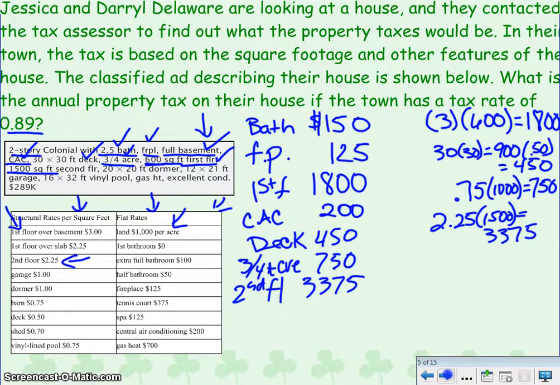Okay, next I have a 20 by 20 dormer. So 20 times 20 is 400. The dormer is right here on the left-hand side at $1. So it is $400 for the dormer.